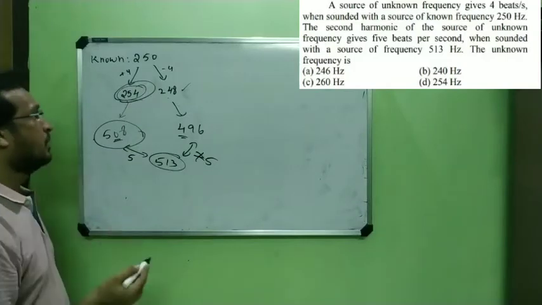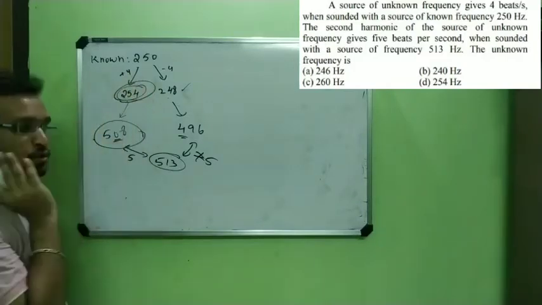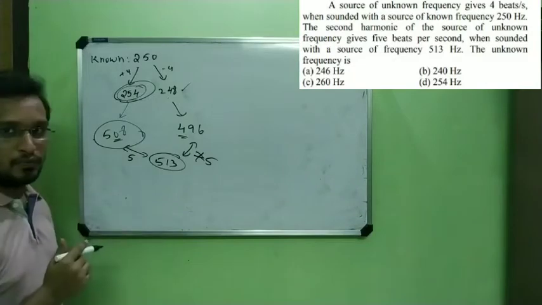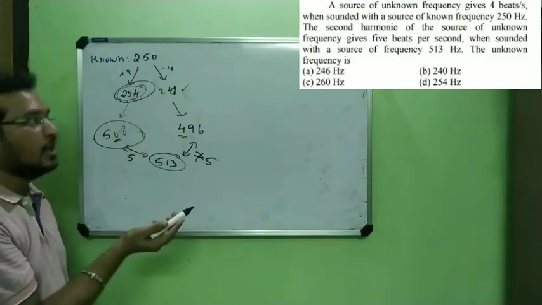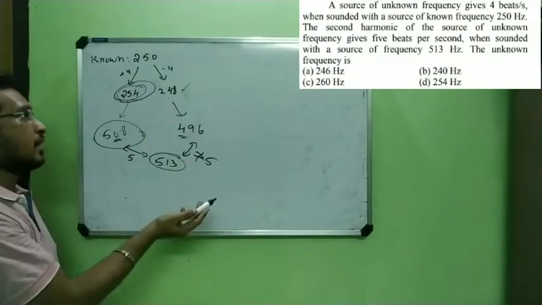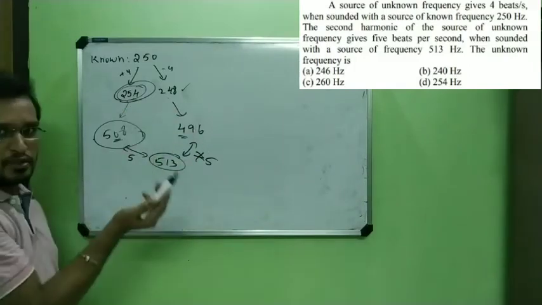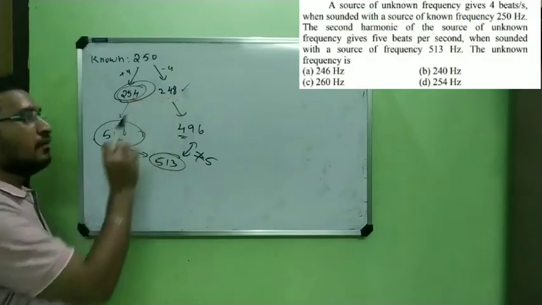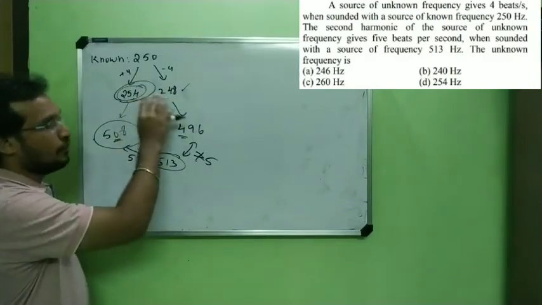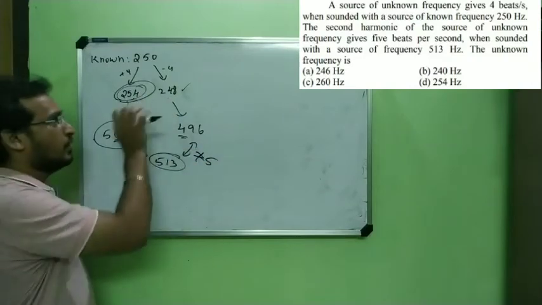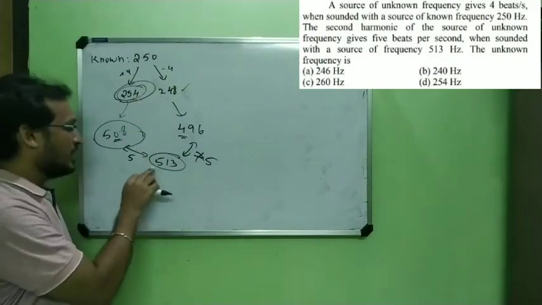Understood? I will repeat once again. The known frequency is 250 Hz, and we don't know the unknown frequency. The beat is 4, so the unknown frequency will be either 254 or 248. If only one is given in the options, that is the answer. Suppose both are given, read the further part of the question: the second harmonic of the unknown frequency gives 5 beats with 513 Hz.